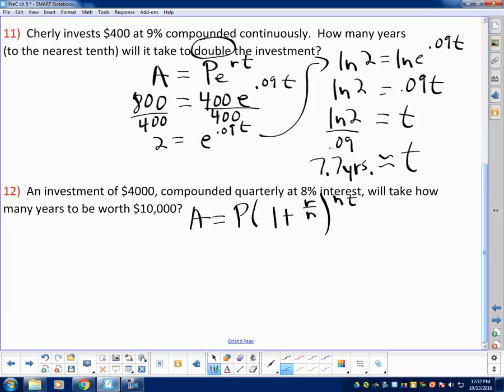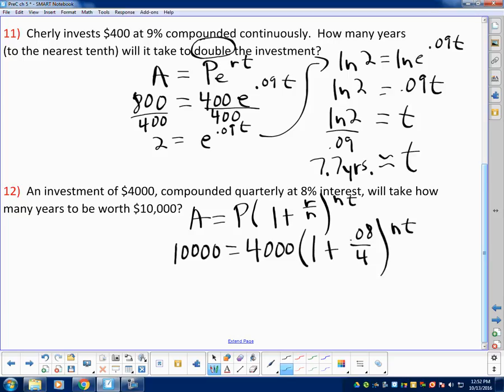All right. So right here we have A, the amount, is 10,000. The principal is 4,000. We have 1 plus 0.08 over 4, times nt.